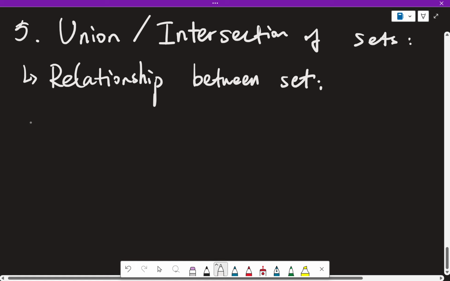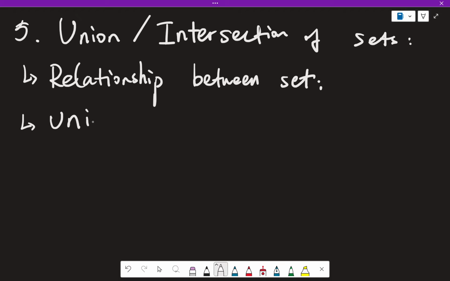The first one is union. What is union? We can use the symbol U to denote it. Union is an operation which takes two or more sets and unites the elements into a comprehensive set.